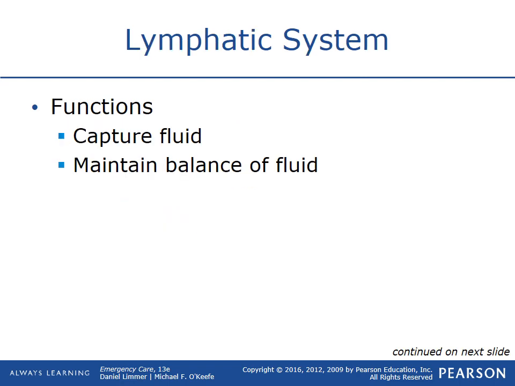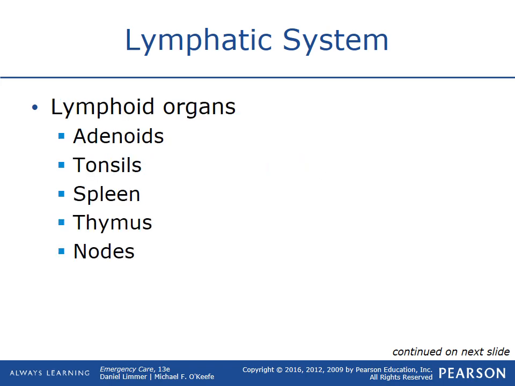The lymphatic system is fluid in your body. It helps maintain the balance of fluid, and it captures fluid and puts it back in where it needs to go. Some lymphoid organs would be the adenoids, the tonsils, the spleen, the thymus, and there's also lymphatic nodes.